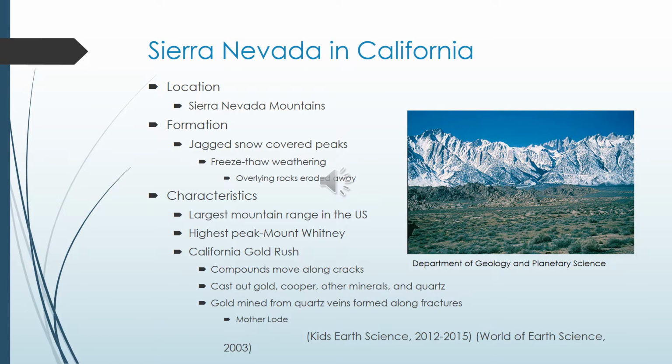The Sierra Nevada chain was also responsible for the California gold rush. As the mineral-rich compounds move along cracks in the rock, like gold, copper, and other minerals such as quartz, they're cast out. Gold can be mined from deposits such as quartz veins that are formed along the fractures, and the Mother Lode is the most famous of these deposits.